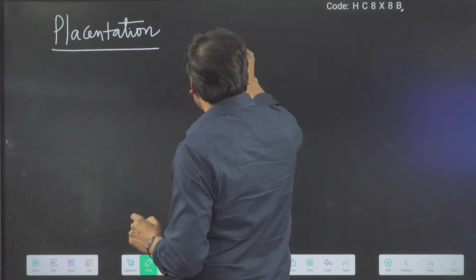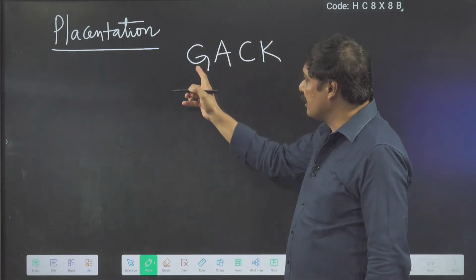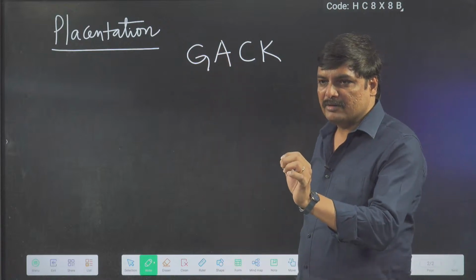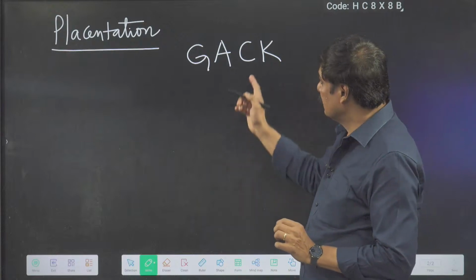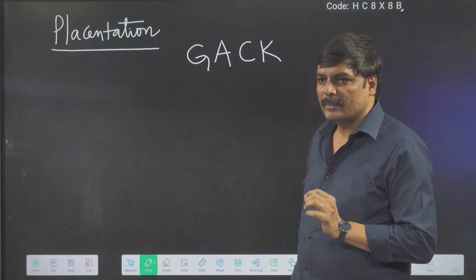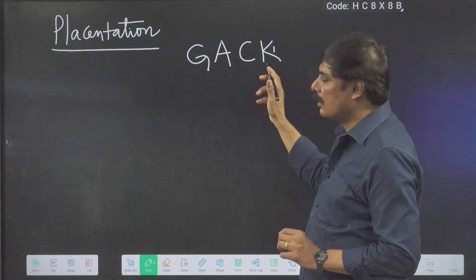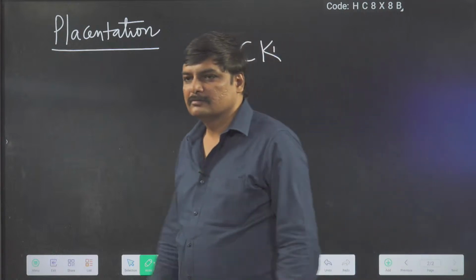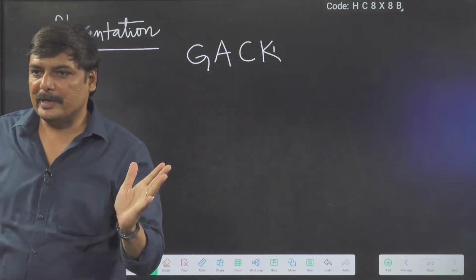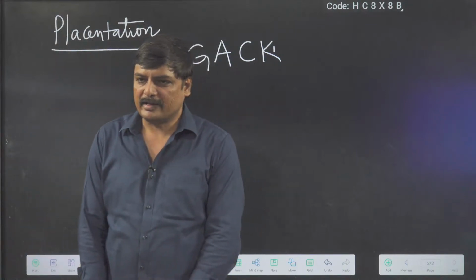G-A-C-K. G for gynoecium, the central whorl, is surrounded by androecium, A for androecium, which is surrounded by corolla, C for corolla, and the outermost whorl, calyx, K for calyx. From periphery to the center, reverse. Very good. Next.